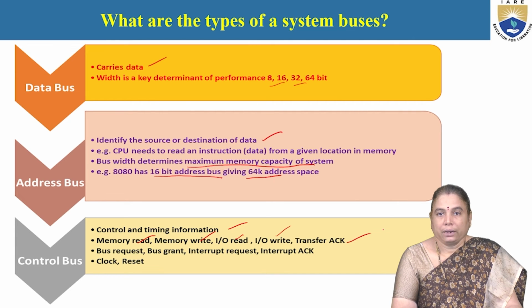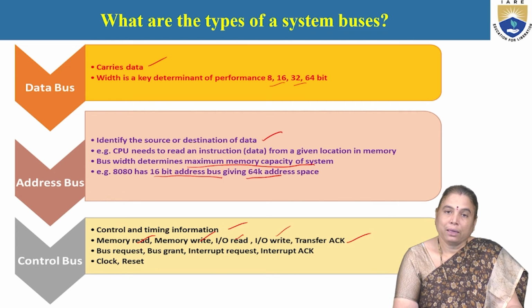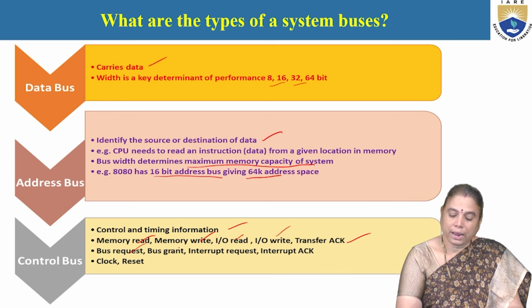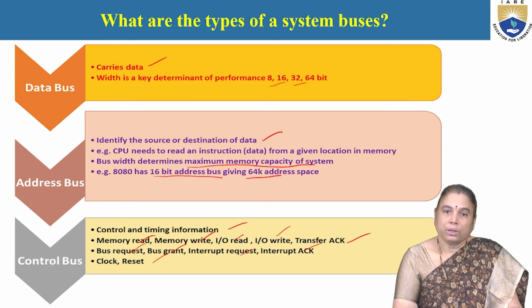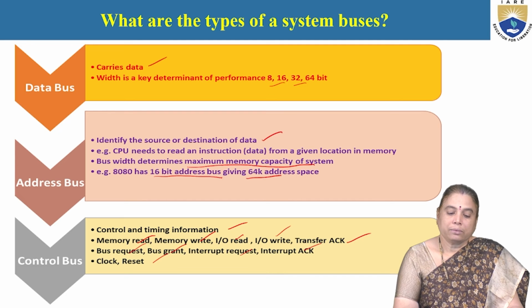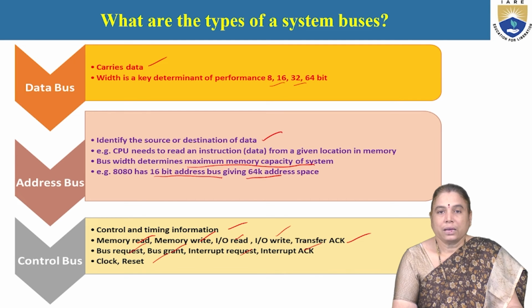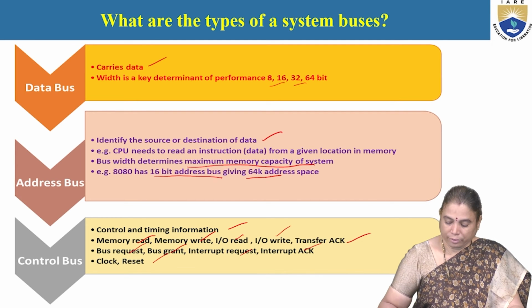In case of direct memory access DMA, bus request, bus grant, interrupt request, interrupt acknowledgement, and clock reset can be used as control signals that travel through the control bus. All these three buses can be considered as the system bus.